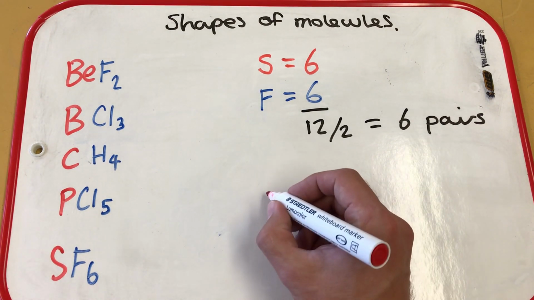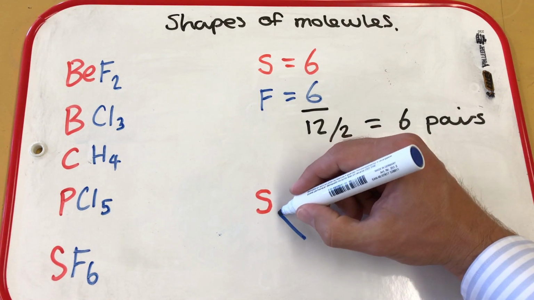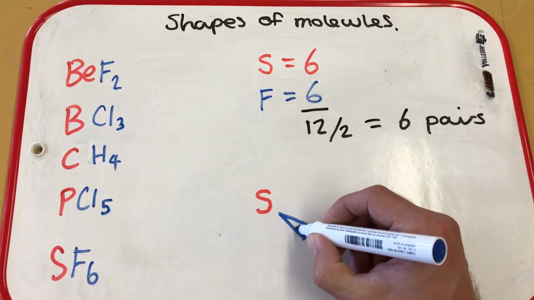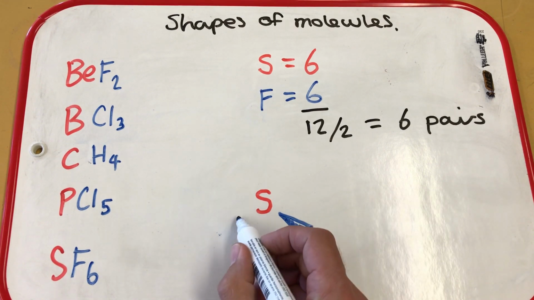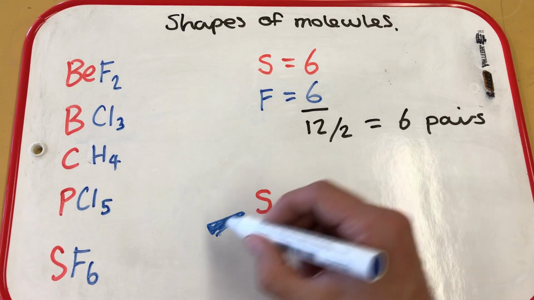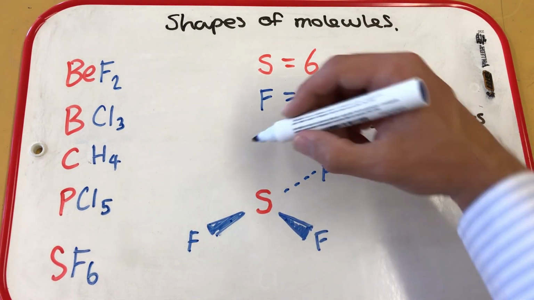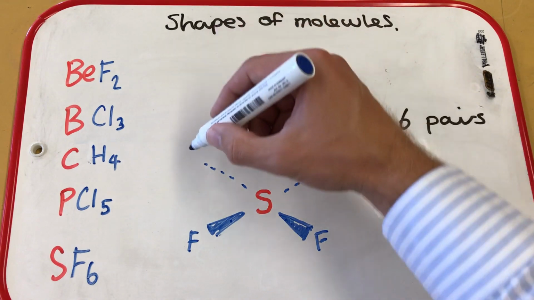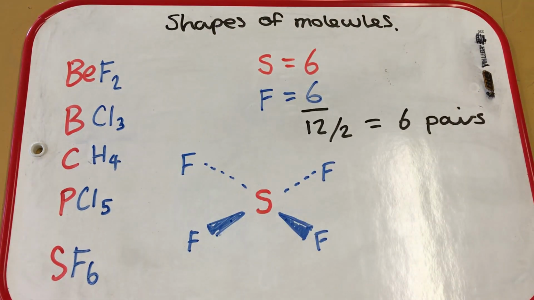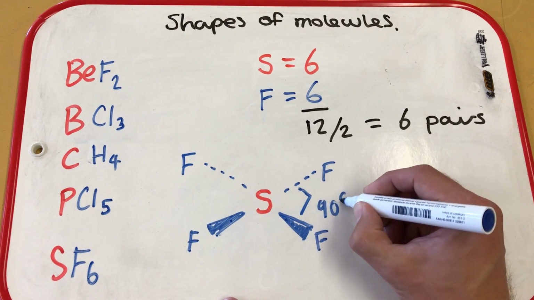So let's draw the structure. Sulfur in the centre. We have 2 fluorines coming out of the board. We have 2 fluorines going into the board. So that gives us 90-degree bond angles here in the centre.